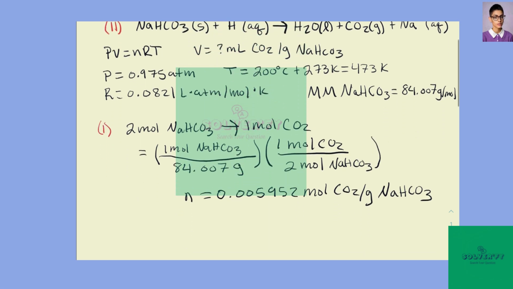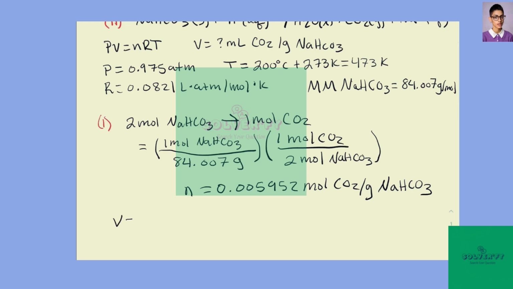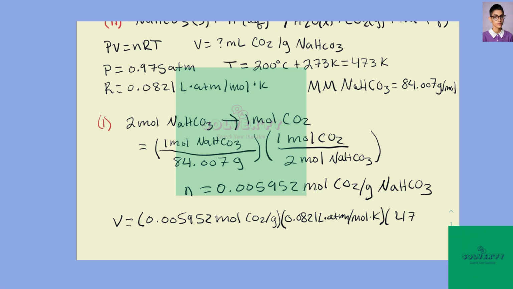Alright, so to find the volume of our CO2 per gram, we're just going to take the moles that we just found, 0.005952 moles CO2 per gram, and multiply that by our R value, which is 0.0821 liters atmosphere per mole Kelvin, and then multiply by our temperature, which is 473 Kelvin.